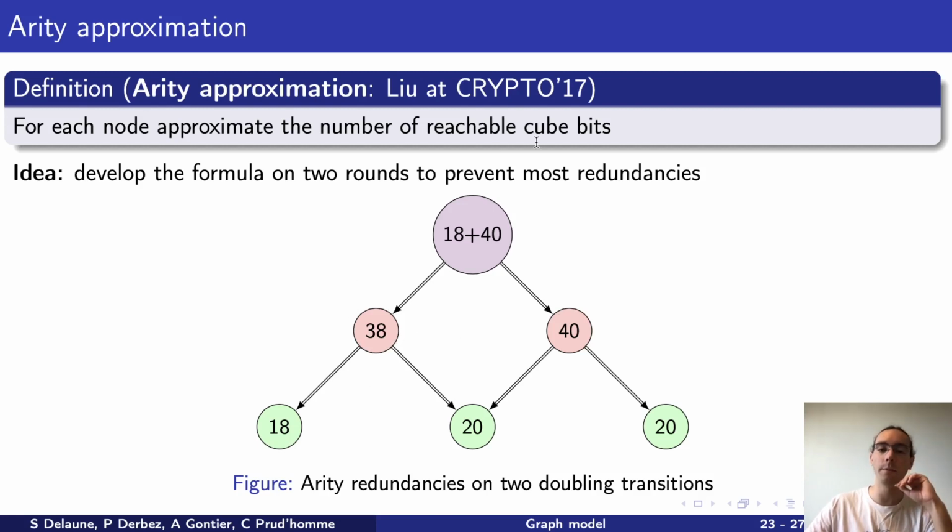And they show in the paper that to have a good approximation, we need to take into consideration 2 rounds of Trivium, because if I take the doubling edges twice in a row, for example here, I will count the arity of this node twice in the further node if I don't take care of this. There are arity redundancies in two doubling transitions. So we will use this formula to have a good strategy.